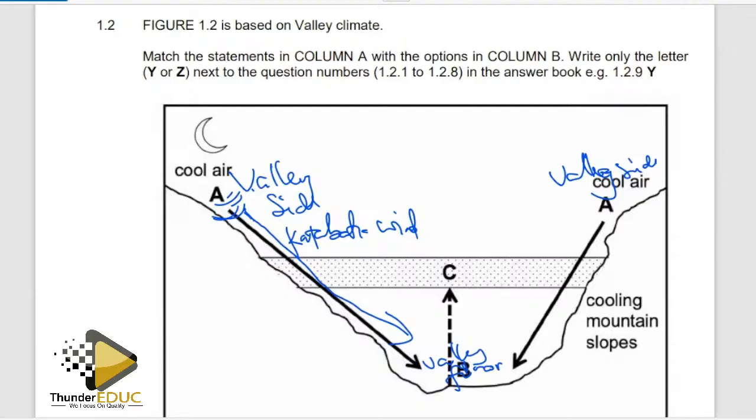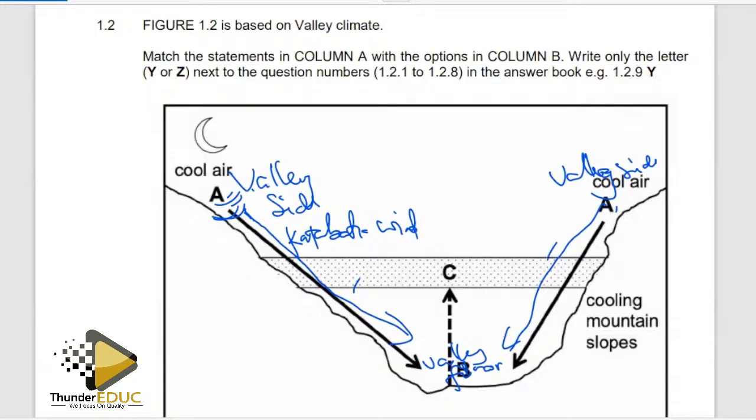It's now very cold and gains more weight, it becomes denser, and because of gravity it has to drift downwards. It moves into the valley floor. There is already warmer air in the valley floor. What is going to happen now because of differences in density?